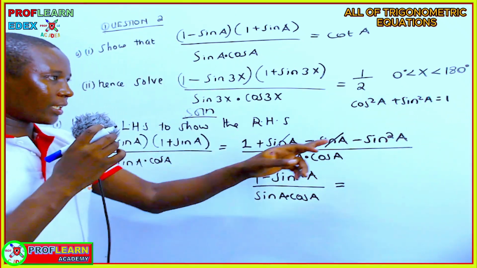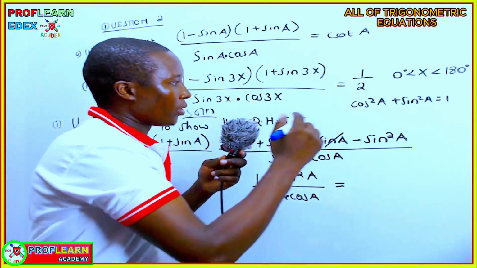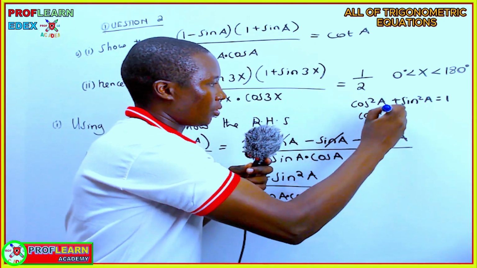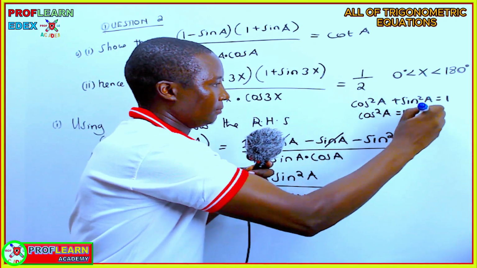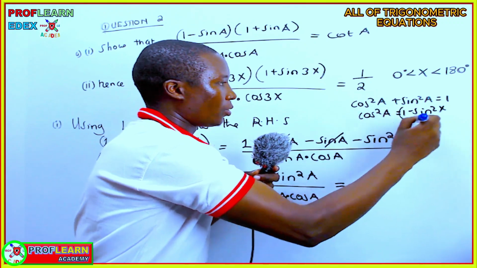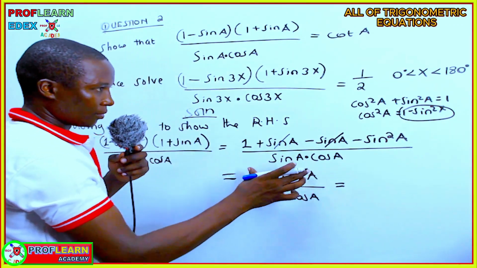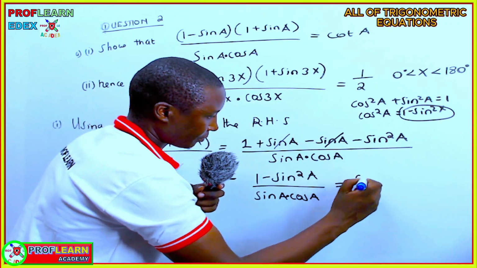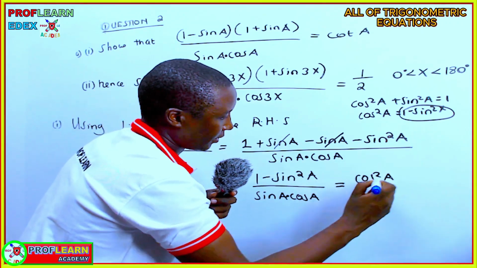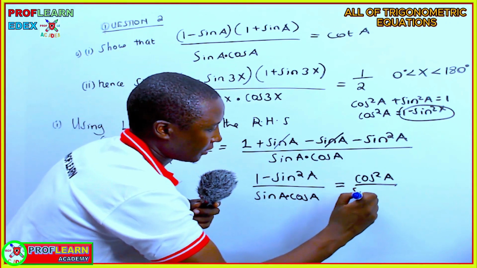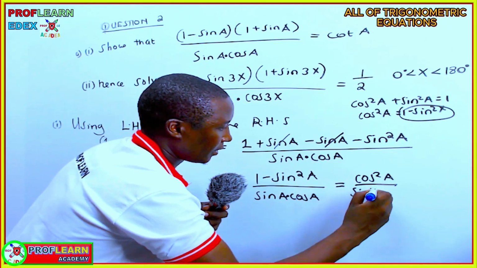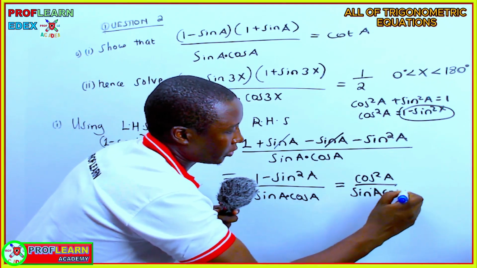So if we take sine squared to the other side, we remain with cos squared A equals 1 minus sine squared A. So whenever we have this, we can replace it with cos squared A. So cos squared A over sine A cos A.